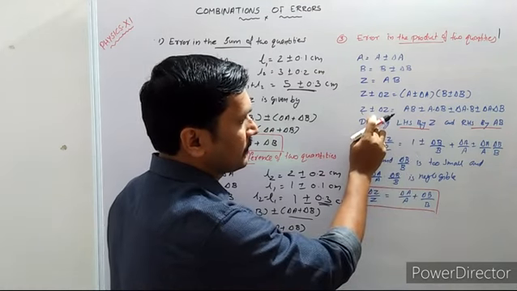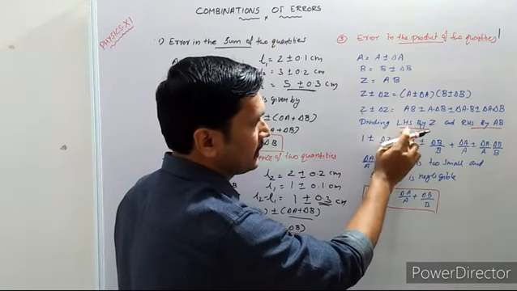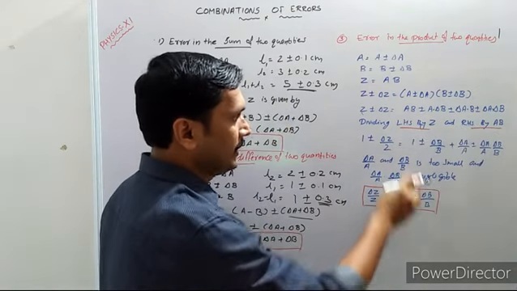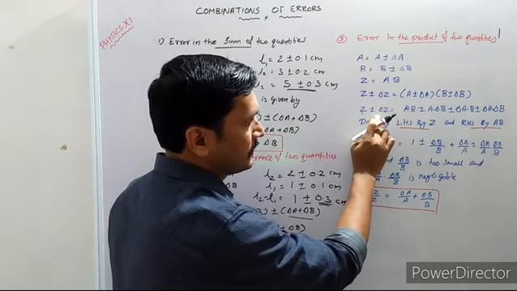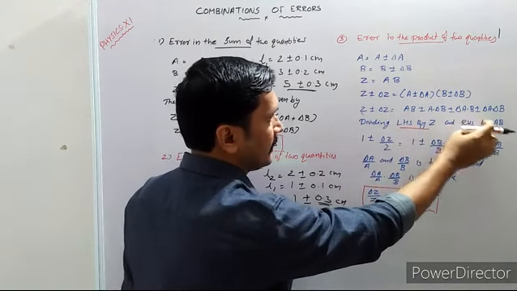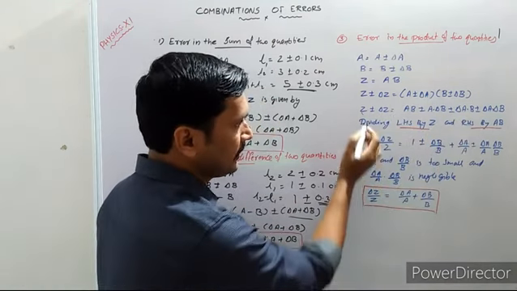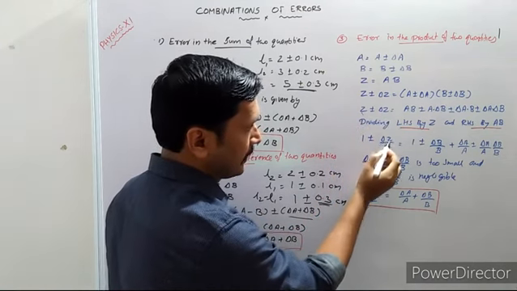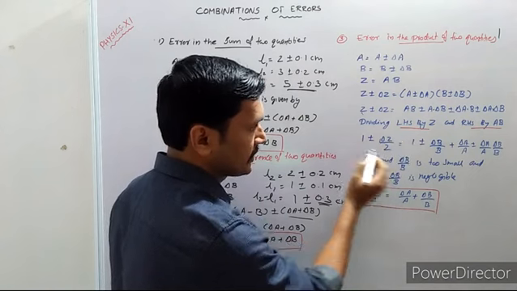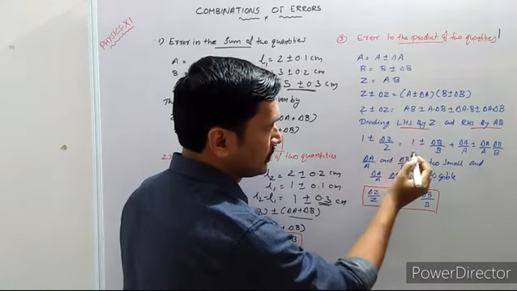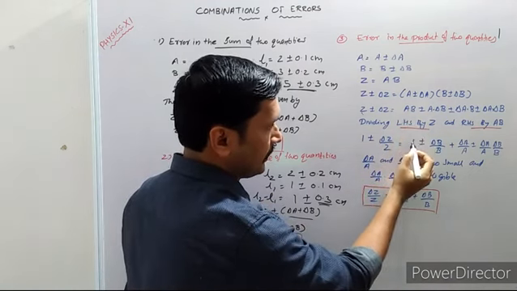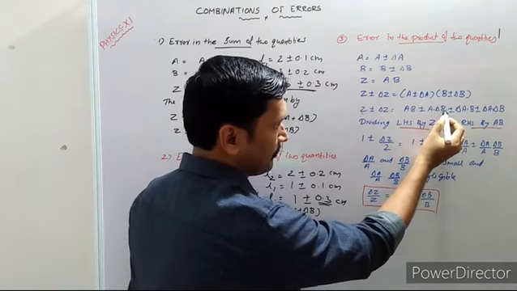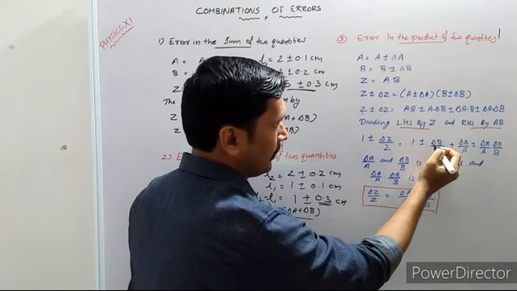Now we are dividing this equation. We are dividing the left hand side by Z and the right hand side by AB. So Z divided by Z is equal to 1, plus or minus delta Z divided by Z. So we can write delta Z by Z itself is equal to AB divided by AB, that's 1, plus or minus A into delta B divided by AB.